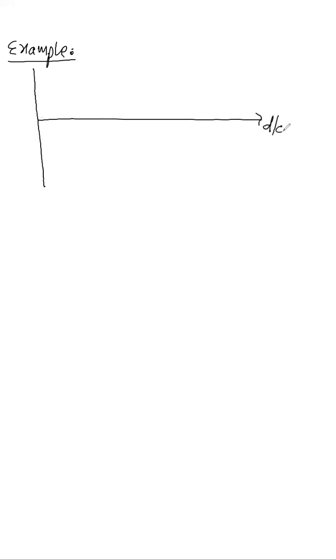Let's say first I choose distance along x-axis, and this is your wave, and on the wave these are your particles. Let me label them as 1, 2, 3, 4, 5, 6, and 7. Now you have to answer some question.